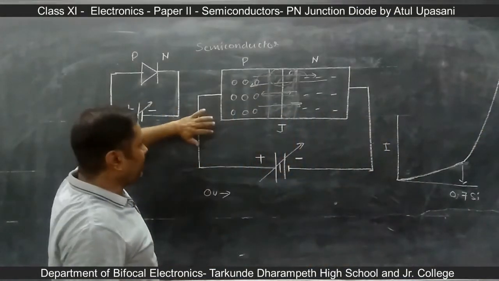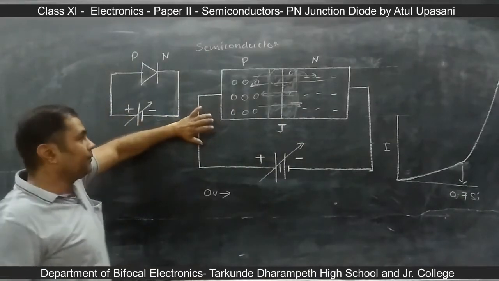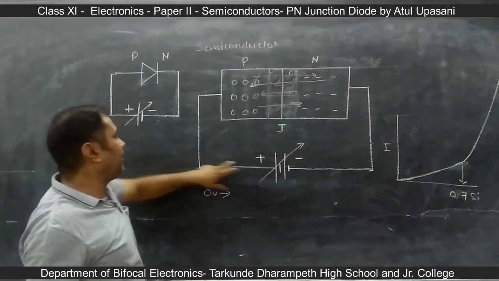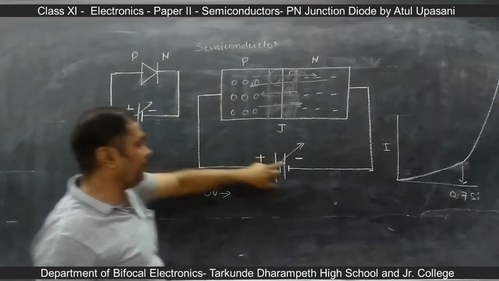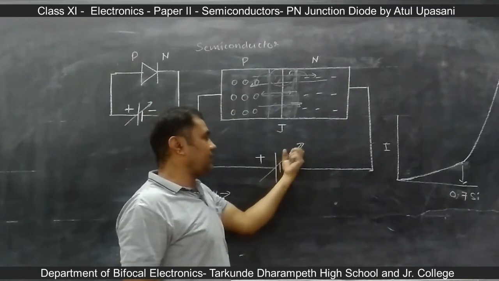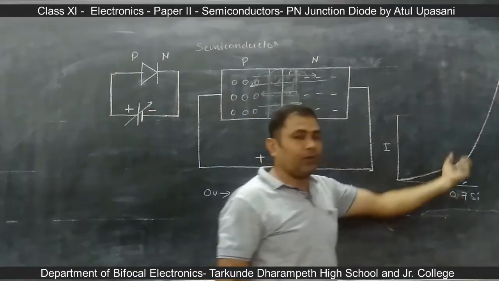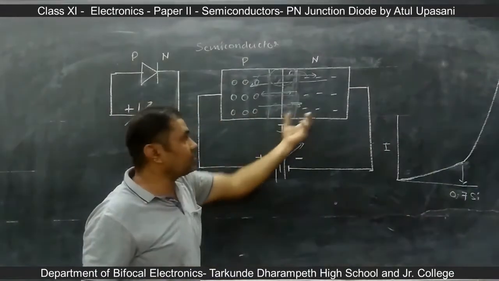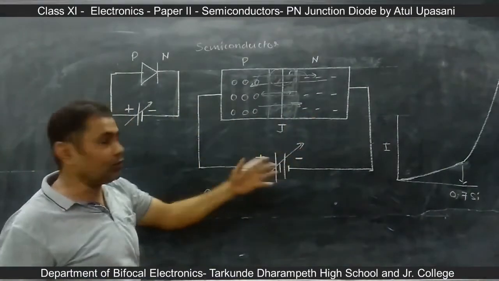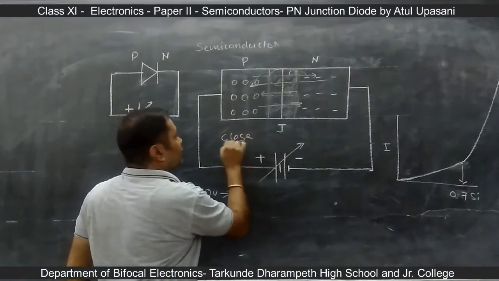So in this diagram, you can see the positive terminal of the battery is connected to the P type and the negative terminal of the battery is connected to the N type, and if the voltage is increased beyond 0.7 volt, this device starts flowing current. So we can say the device is now closed.